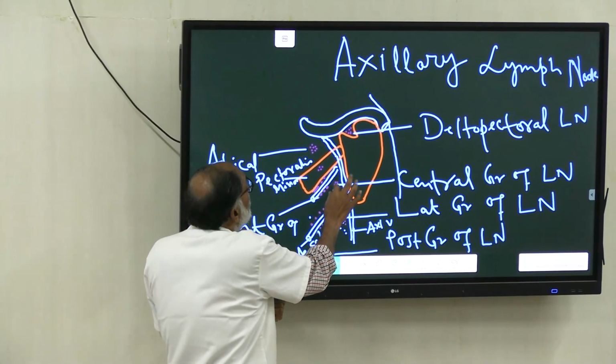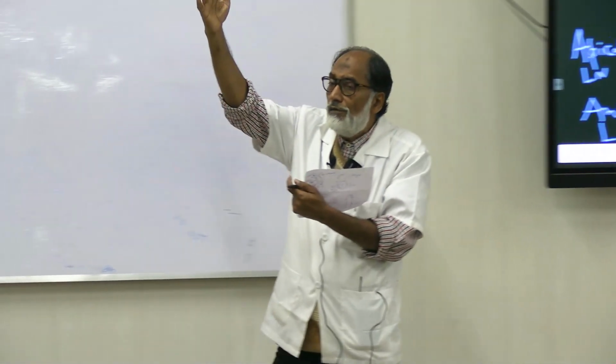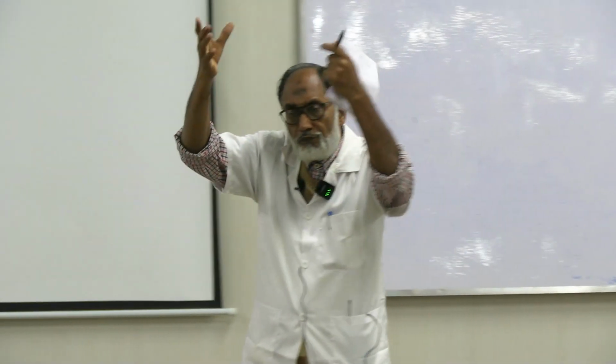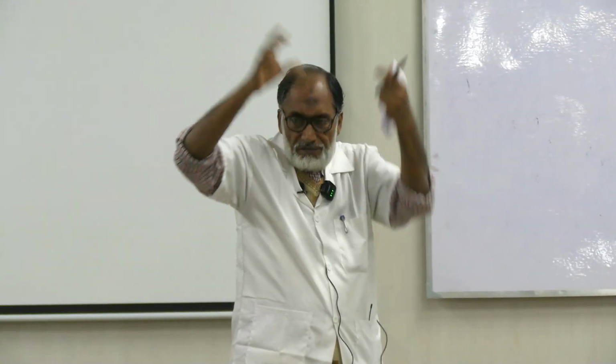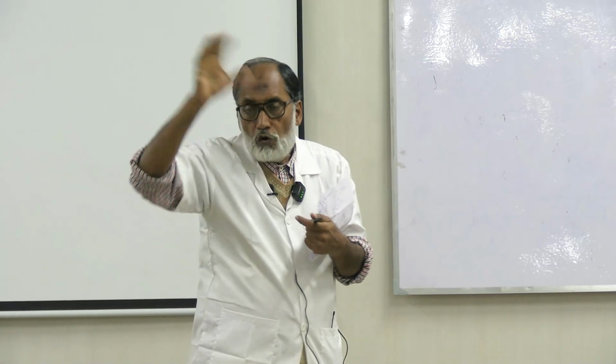From the central group it will drain into the apical group. From the apical group will form the subclavian lymph vessels.